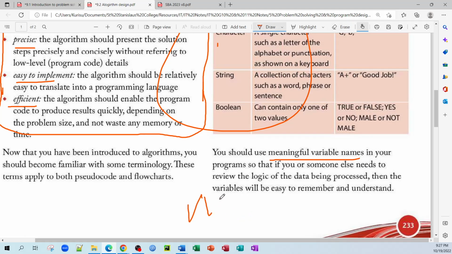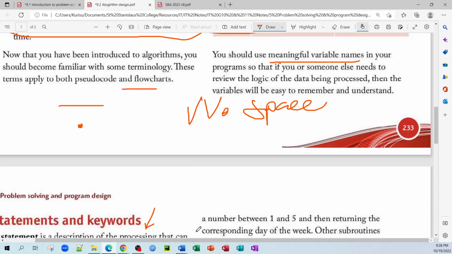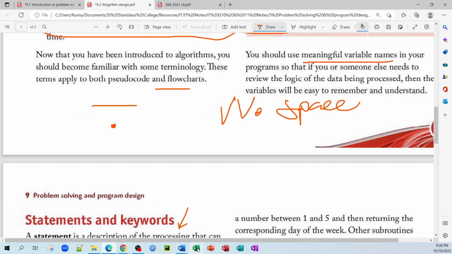Remember, your variable name should have no space. You can use an underscore. You can use a period. In some cases, you can use a hyphen, but no space at all. If you're not gonna use any symbol, then the second word, the third word should start with a capital letter, basically to indicate the next word.